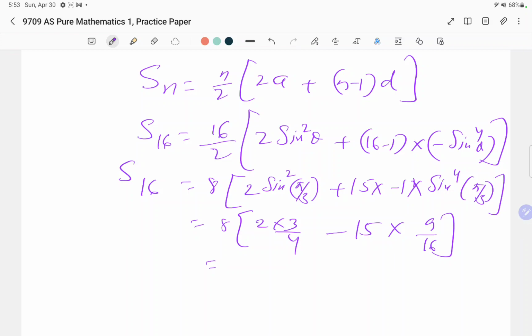So this is 6 over 4 minus 15 times 9 over 16, multiplied by 8. So what I got is minus 55.5, or you can say minus 111 over 2.